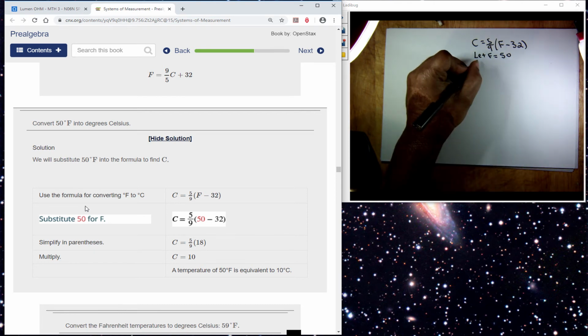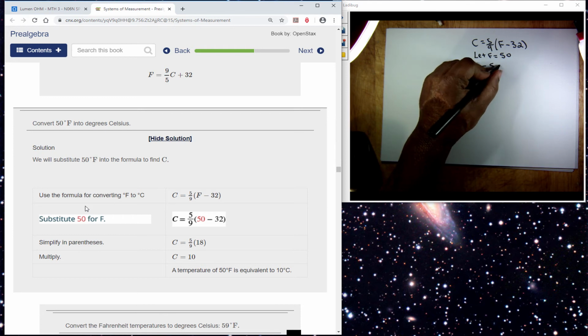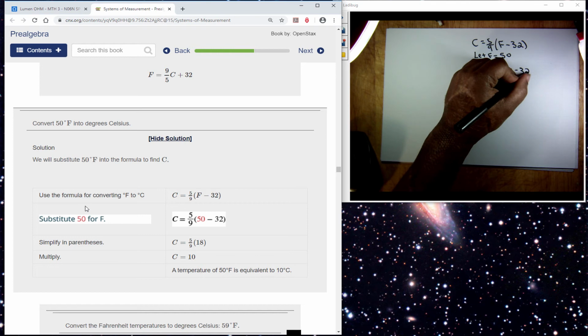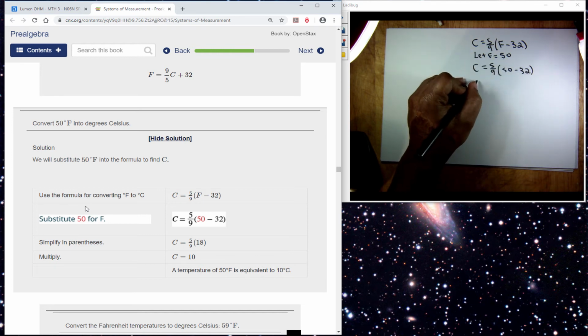The third thing is we replace the variables with values. The fourth thing is we simplify the expression on one side.